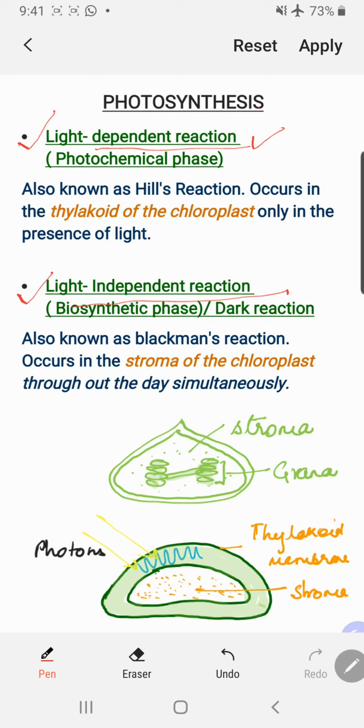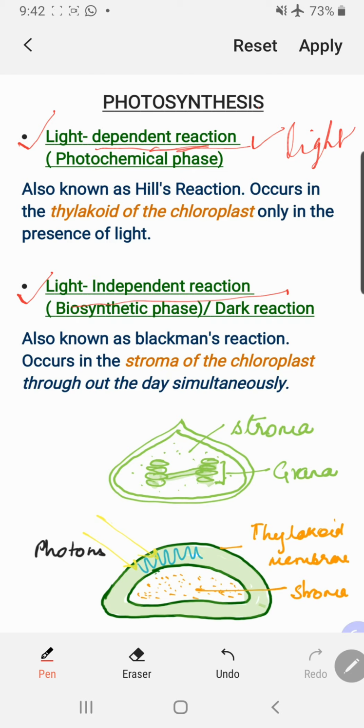Light independent reaction means that it is not dependent on light. It hardly matters whether the light is present or not. Dark reaction is going to take place. Light independent reaction is also known as dark reaction. Similarly, light dependent reaction is also known as light reaction.